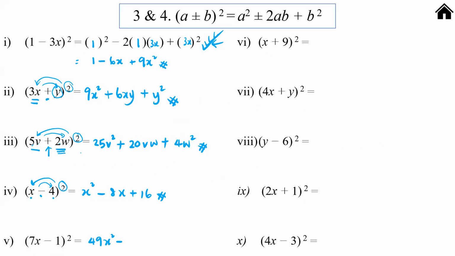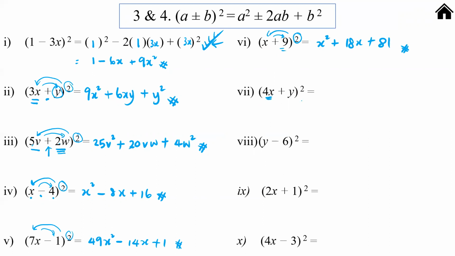So we have 2 times 7 times 1, so 14x. And then the last one, plus 1, that's it. So I just continue, yeah? x squared plus 2 times x times 9, so 18x plus the square of 9, which is 81.